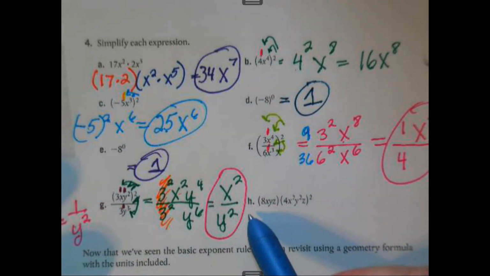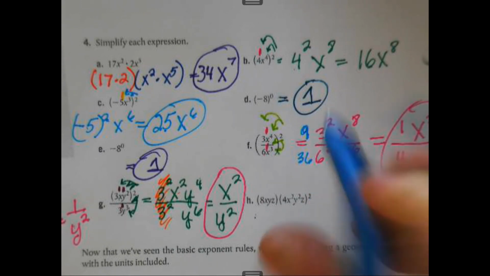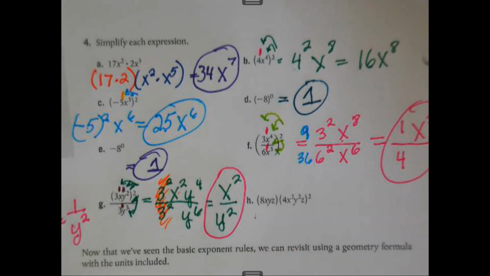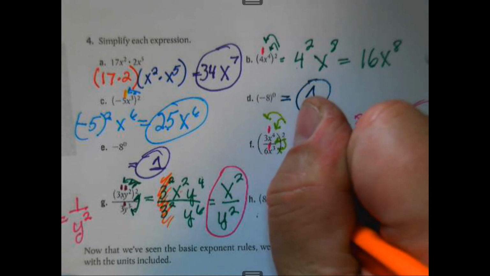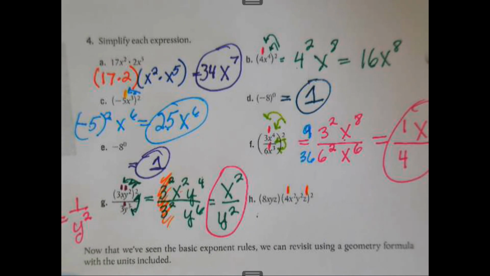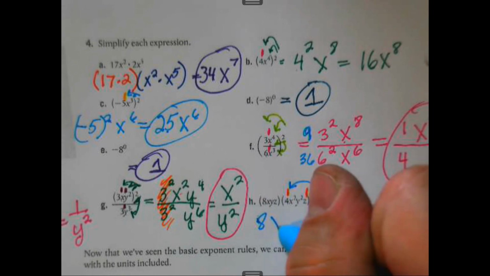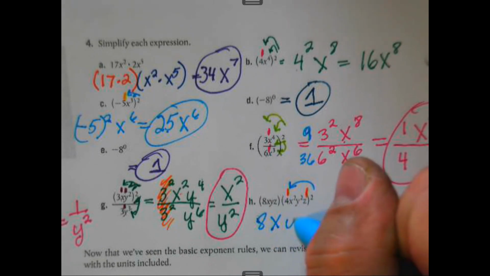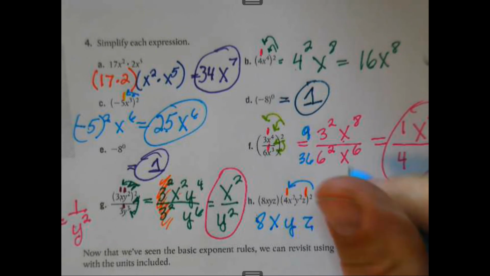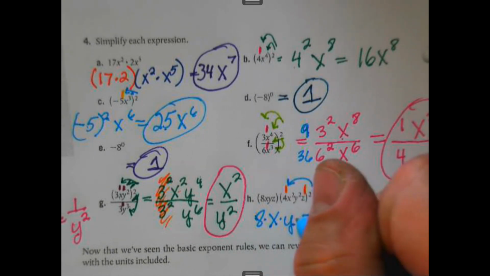Okay, H. I have 8. Oh, we have a 2 outside here, parentheses. So I'm going to need to distribute 4 to the 1st, y squared, z to the 1st. Let's see, I have my 8, my x to the first, y to the first, z times, now after I'm done distributing, this is all multiplication.